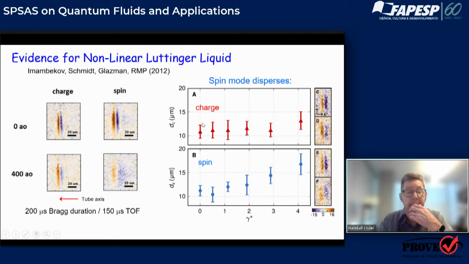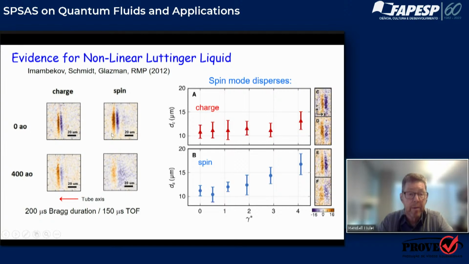All right, so as I mentioned, we have evidence for nonlinear effects. And the evidence is most pronounced in the spin wave. So if you look at these different images, the Bragg signal minus the reference signal, you see it for a non-interacting gas, for charge and spin, they basically look the same as they should.